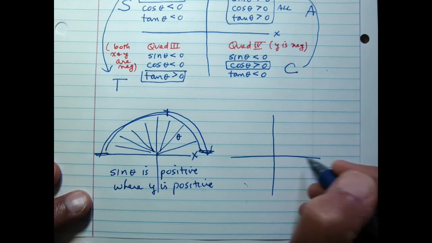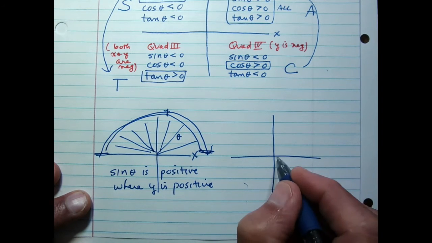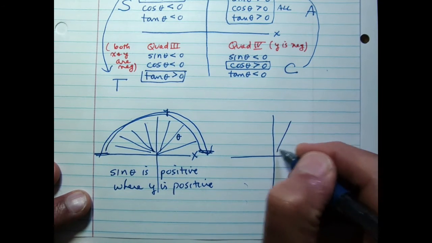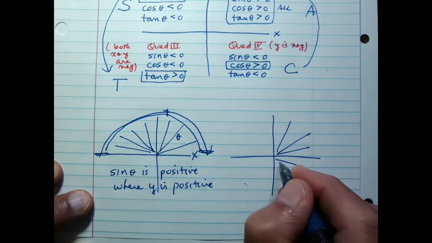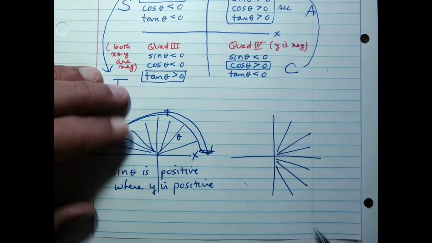Now, cosine's positive where x is positive. X is positive to the right of the y-axis.